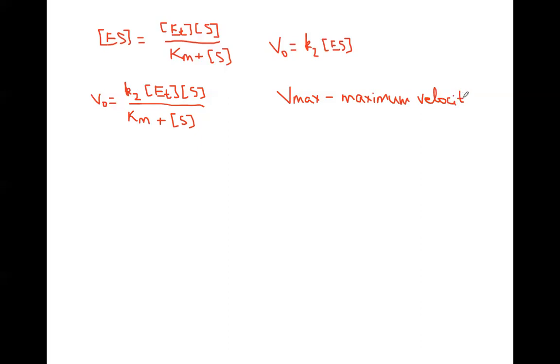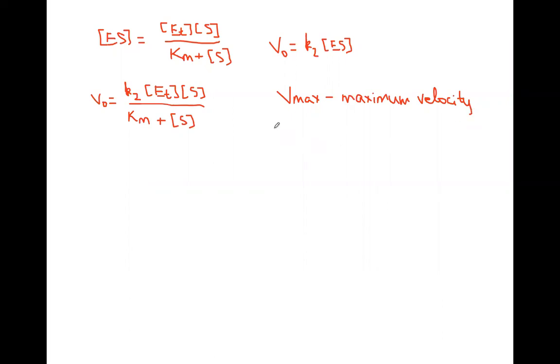The enzyme is the limiting factor here. Imagine that all the binding sites on the enzyme are occupied, so the enzyme cannot accommodate any more of the substrate. Then you reach the maximum rate. As you increase the concentration of the substrate, you cannot raise the reaction rate anymore.